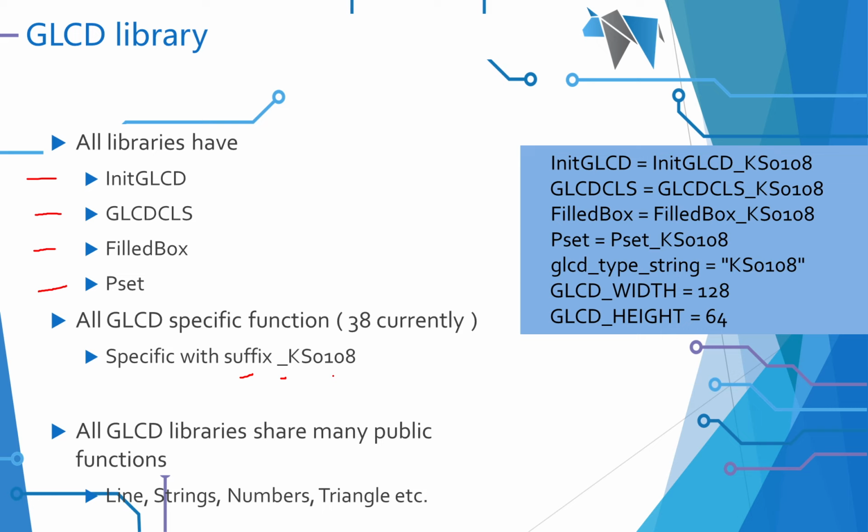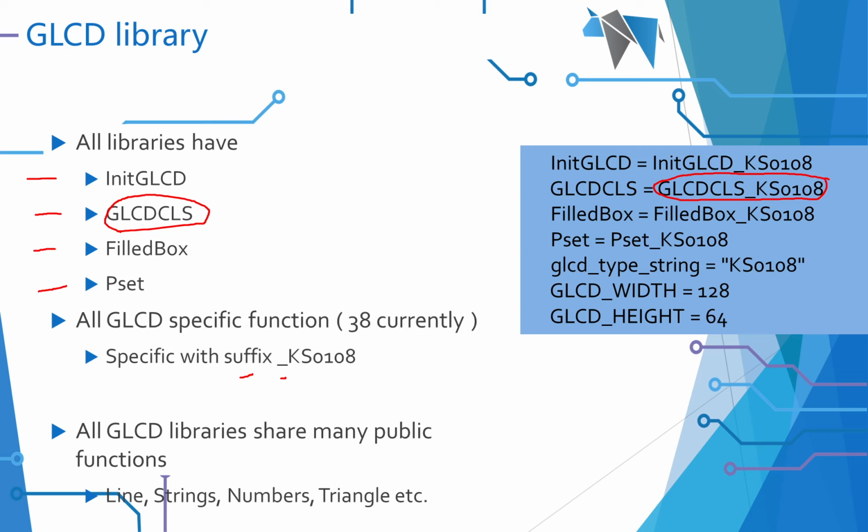But that's abstracted from you, because if you call GLCD clear screen, this command here, it actually calls something else. And the compiler does that magic for you. It says, go and call a function called GLCD CLS underscore the device name, in this case KS0108.